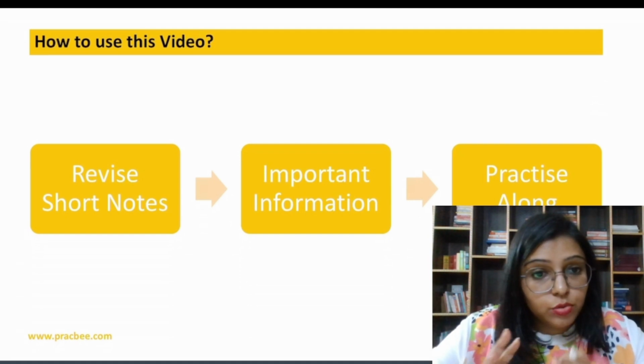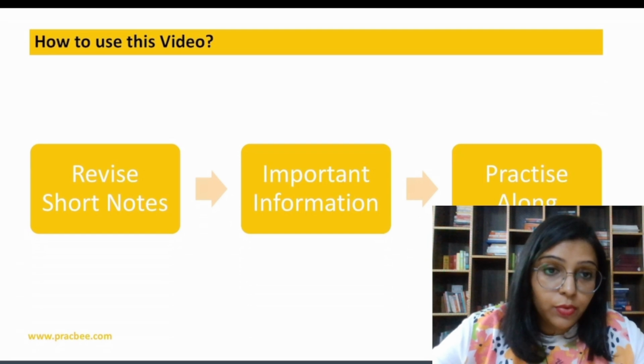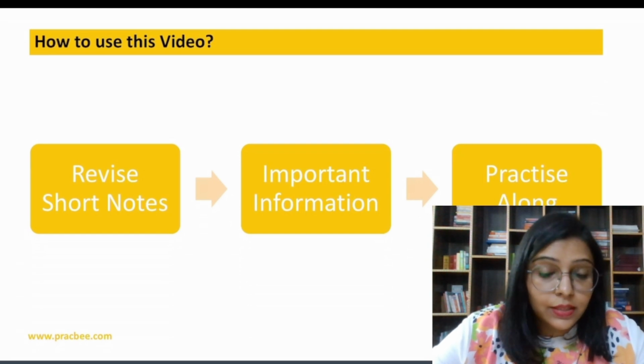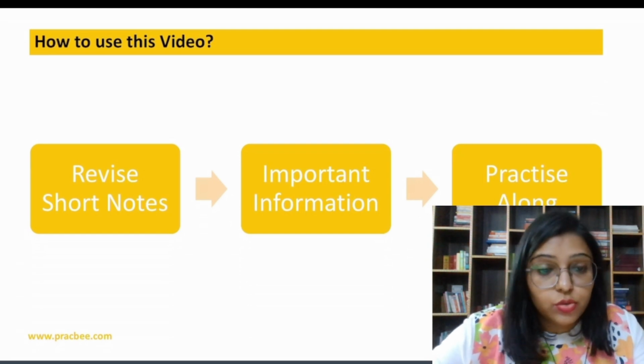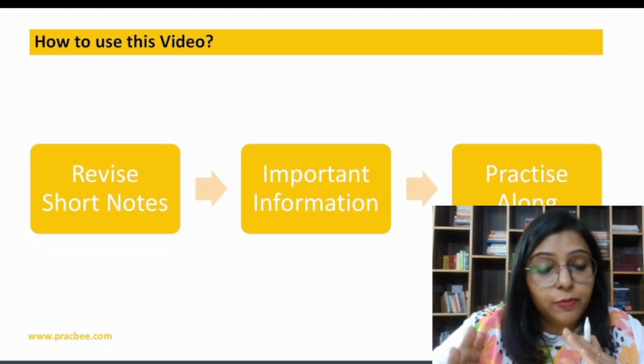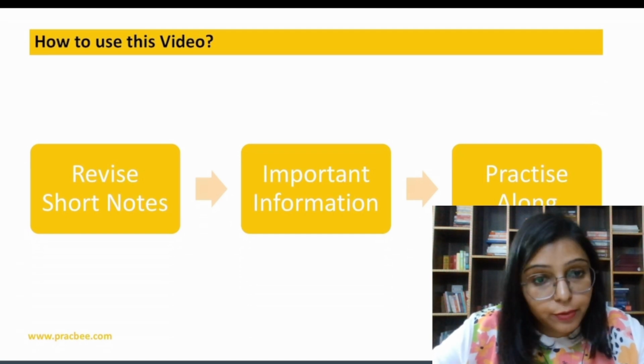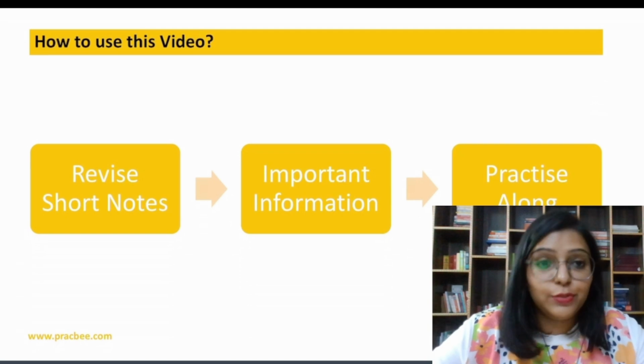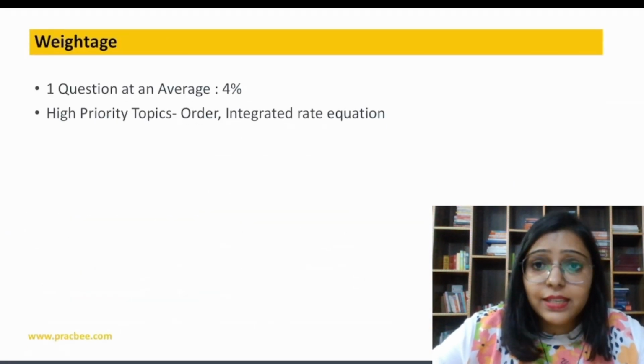First, when it comes to the question, you have to solve on your own. If you are unable to get the answer, then you can see the solution for that, right? But the first task is that you have to apply your brain, you have to solve the question on your own.